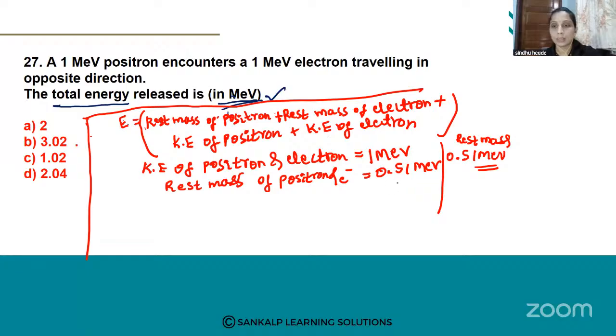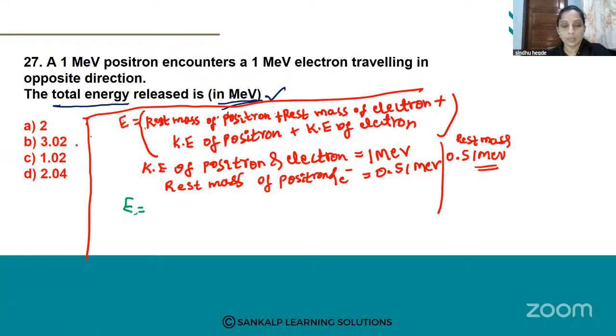You should remember this constant value for rest mass of positron and electron. Now substitute all this and calculate the E value. What do you get?